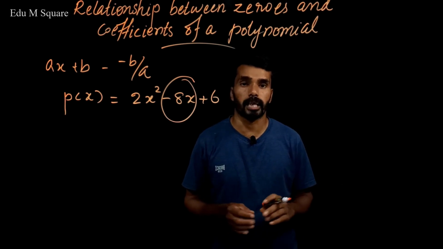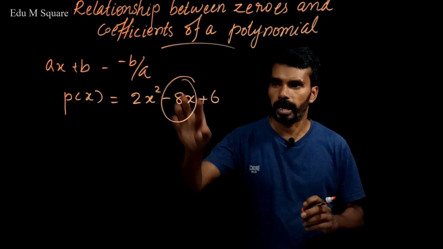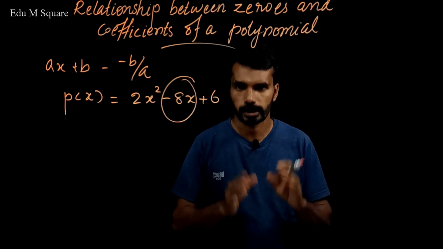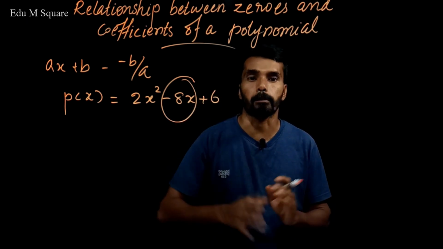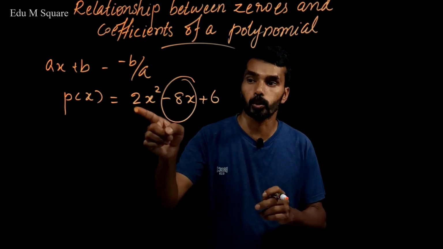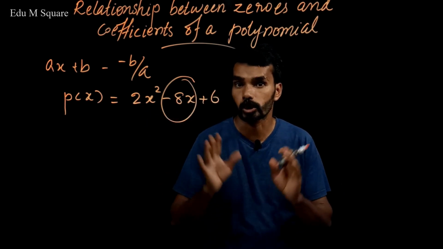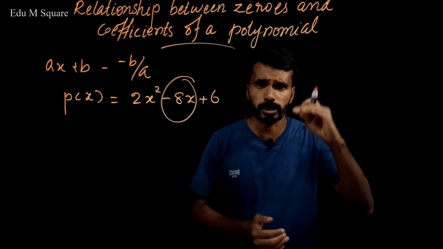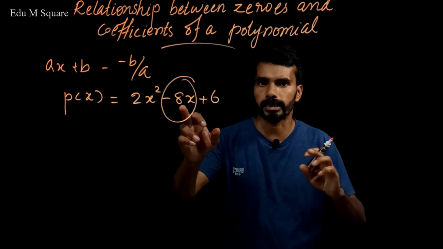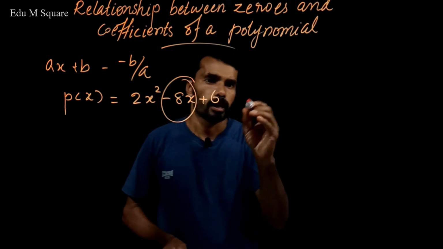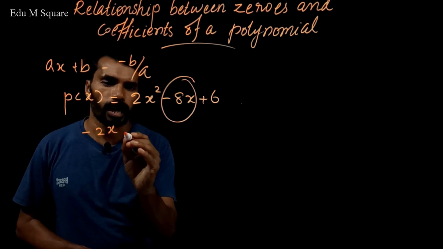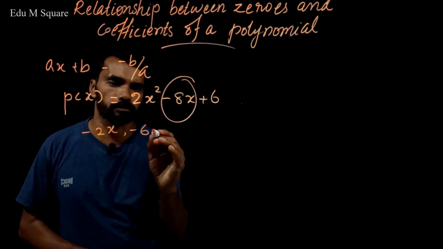For splitting the middle term minus 8x, we have to find two numbers such that their sum is minus 8x and their product is 2x square into 6, that is 12x square. So let us consider two numbers, minus 2x and minus 6x.